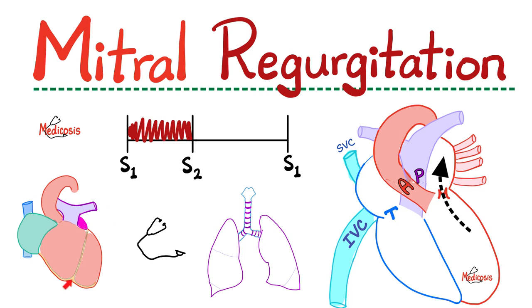We talked about cardiac arrhythmias, and then we started discussing valvular heart diseases. We talked about aortic stenosis and aortic regurg, mitral stenosis, and today it's time to talk about mitral regurgitation.